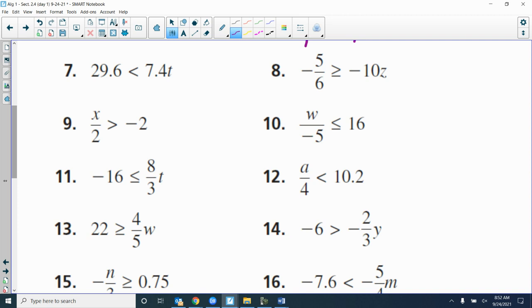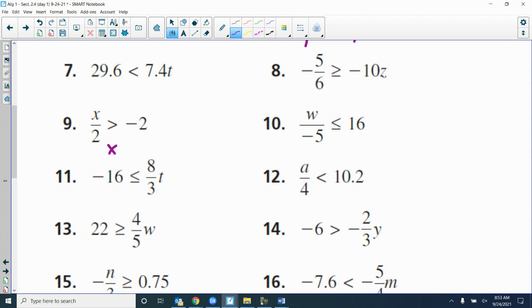What'd you get for 9? Did you get it right? Tell me what you do. Okay, so what do you get? X is what? Okay, did you multiply by a negative number?